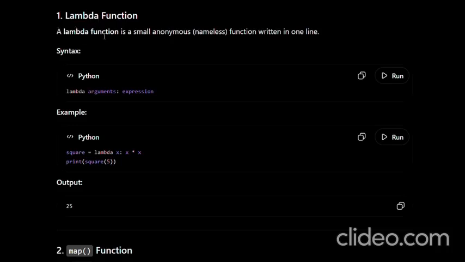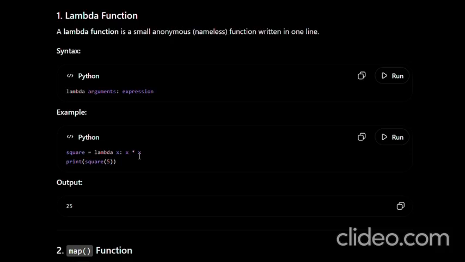Now we have the lambda function. A lambda function is a small anonymous, nameless function written in one line. The syntax is given here: lambda, then arguments, then expression. If we want the square of a number, we can use a lambda function like square equals lambda x colon x multiply x.